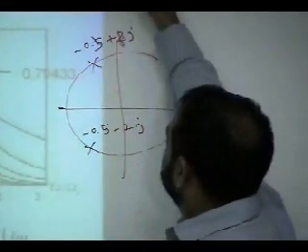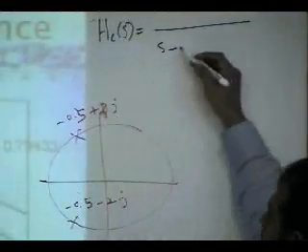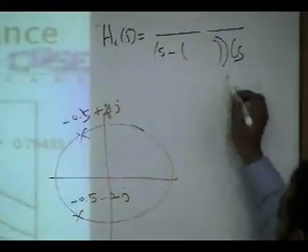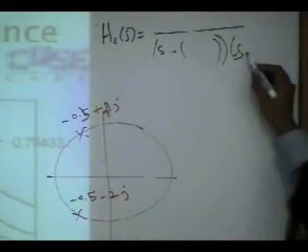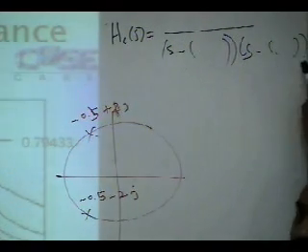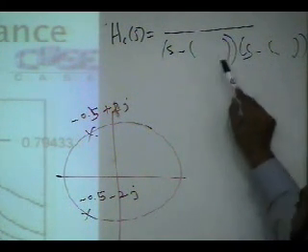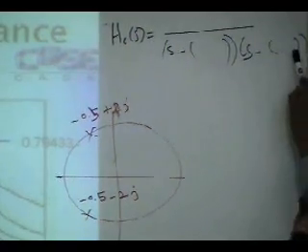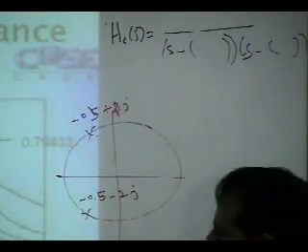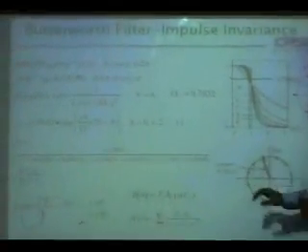Hc of s will be s minus this pole into s minus this pole. Now you multiply these, this with this and this with this. The imaginary parts will cancel out, it will be only real. Multiply this and this, so you get a second degree polynomial, which is shown here. So for two of these, you get this.